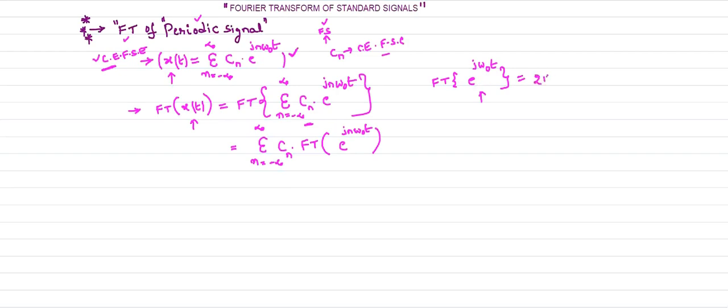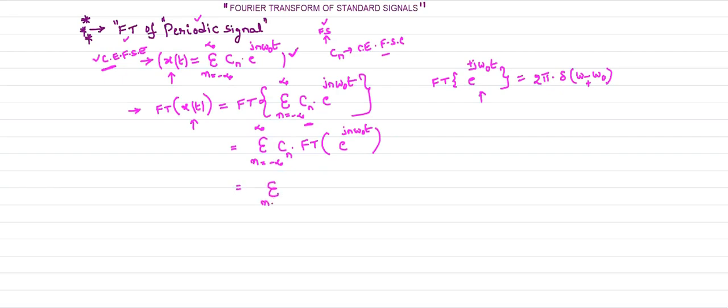The result is 2 pi times delta of omega minus omega naught. If it is plus here, you should get minus; if it is minus here, you should get plus. So this is the formula for the Fourier transform of the complex exponential signal. Now you just apply this formula in this equation.